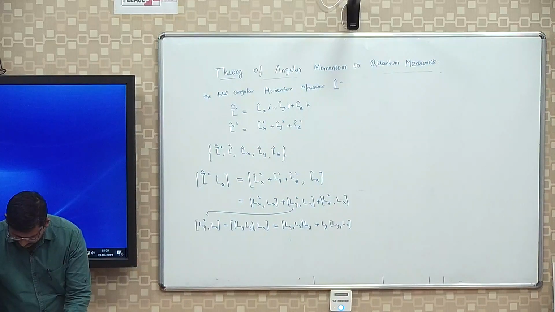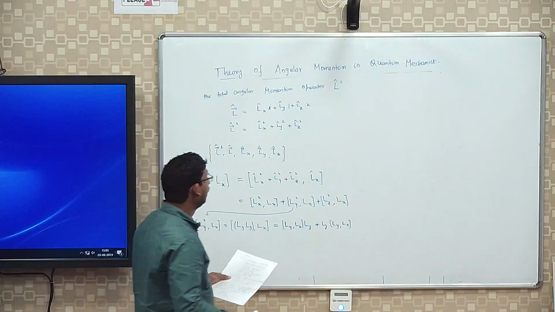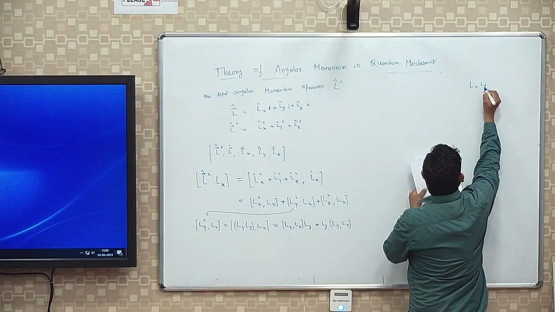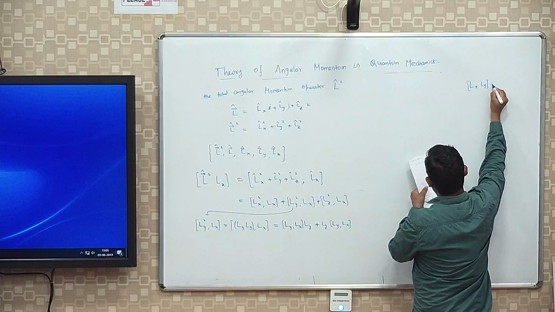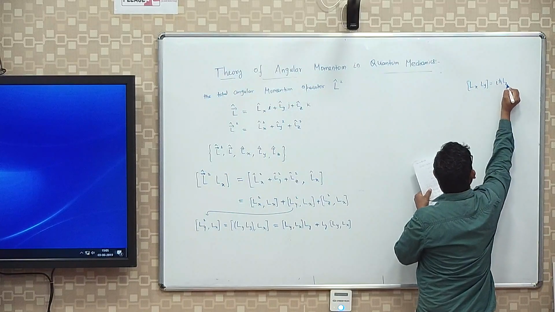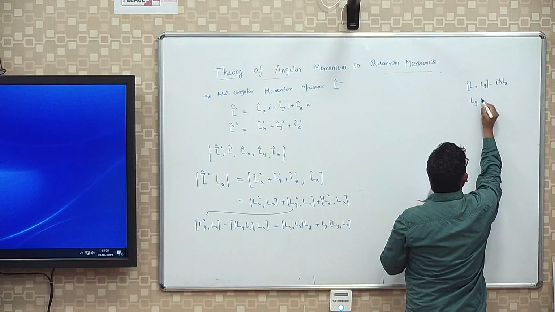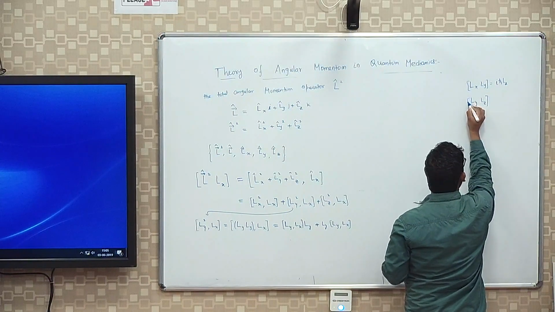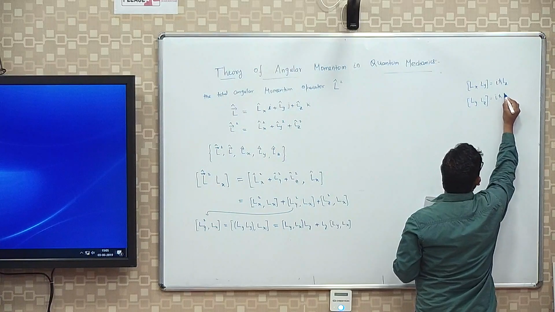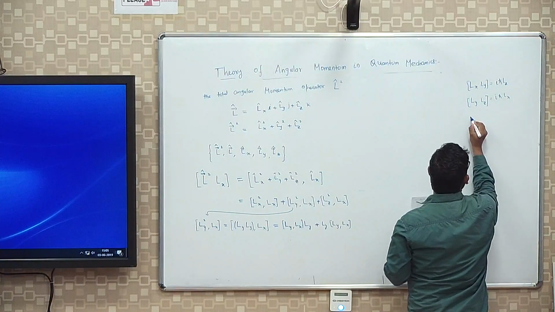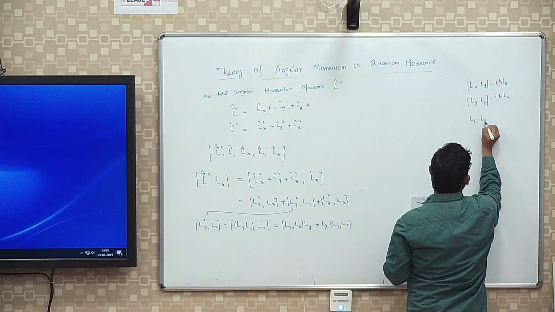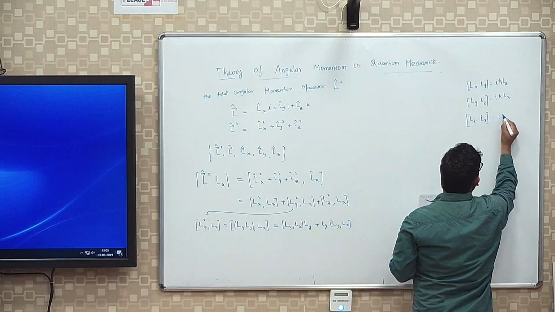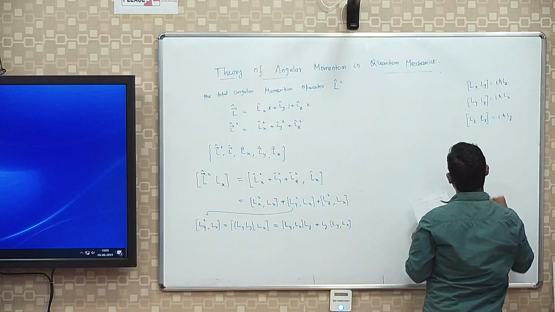Some of our earlier relations: Lx, Ly is nothing but i h cross Lz, Ly, Lz is i h cross Lx, Lz, Lx is i h cross Ly.